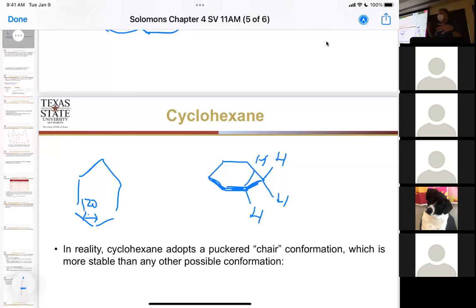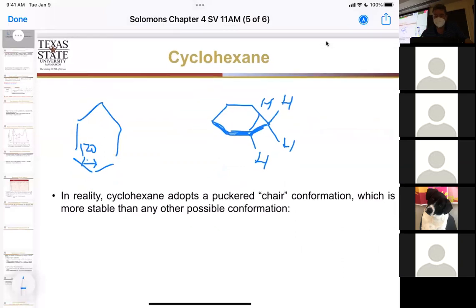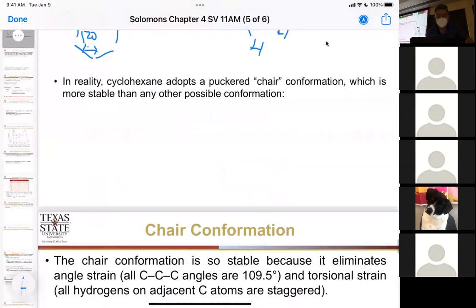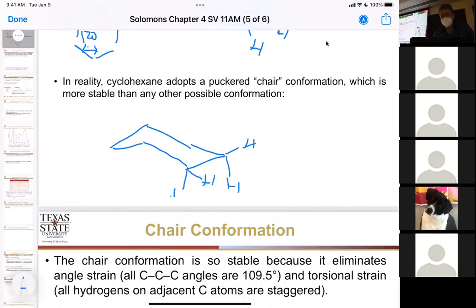What it's going to do is try to go into a zigzag configuration. And it turns out cyclohexane, when it's drawn on its side like that, tries to achieve this 109 degrees by moving around.